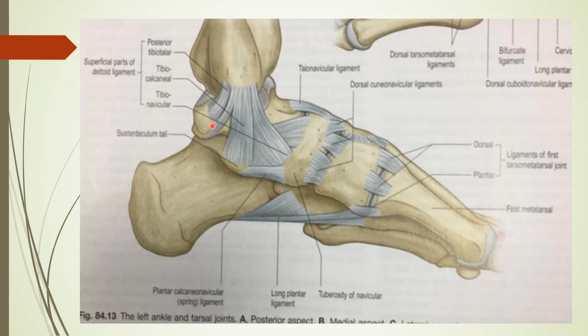The posterior process has two tubercles, medial and lateral. The deep part underneath it strongly binds the inner surface of the medial malleolus with the rough surface on the medial side of the talus.